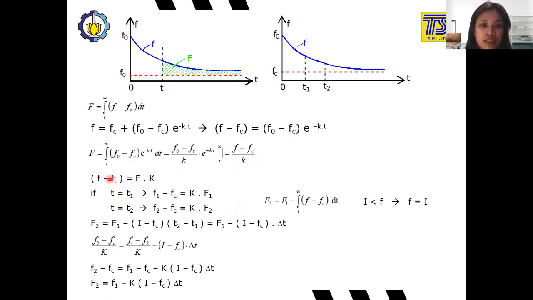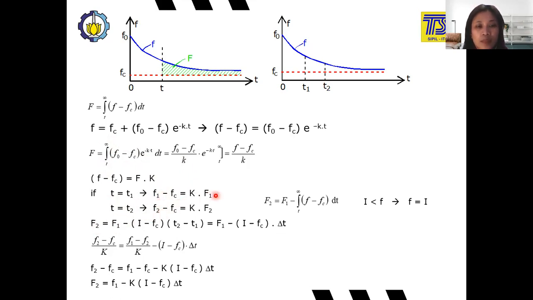And here we have two time steps, for example t1 and t2. We get this because the integral is for t until infinity. So here we try to use it for t equals 1 and t equals 2.